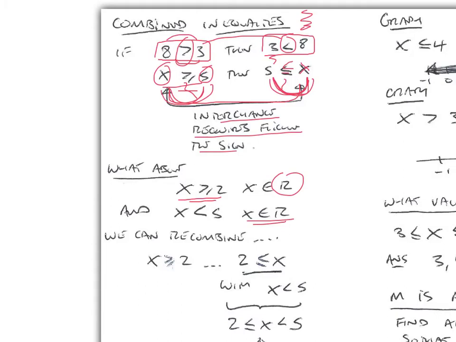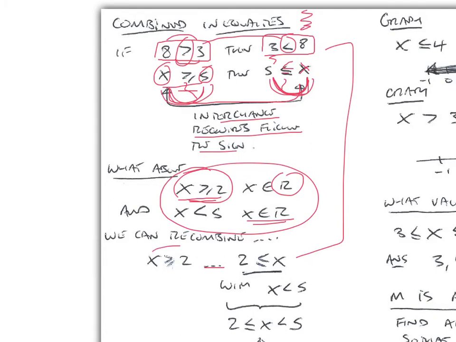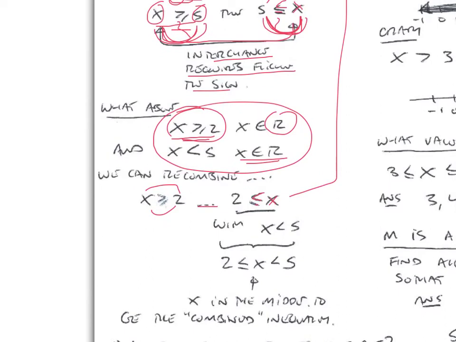So we can recombine this inequality by saying, okay, x is greater than or equal to 2. Well, the other way of writing that, which we've learned up here, is to just switch these around so that 2 is less than or equal to x.